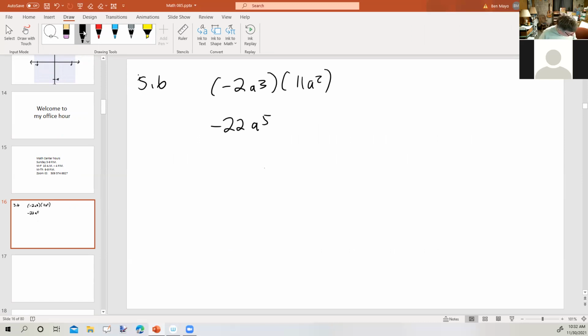Any questions about how that works? All right, here's another example. Negative 5x cubed y to the 6th times 2x squared y squared. So that would be negative 10 x to the 5th y to the 8th.